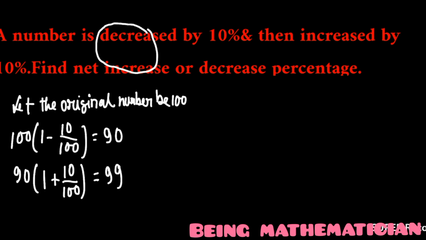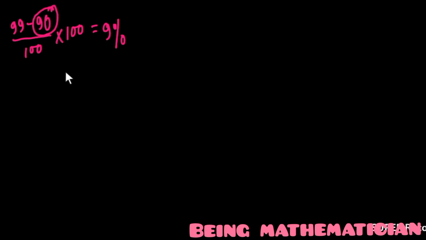Now most of the students do the next step, that is 99 minus 90 divided by 100 into 100, that will be 9%. Here they choose the initial value, that is 90, instead of the original value 100.